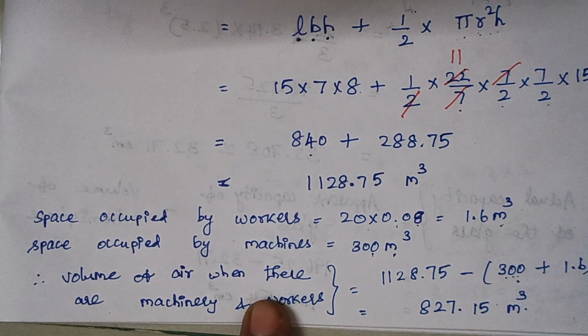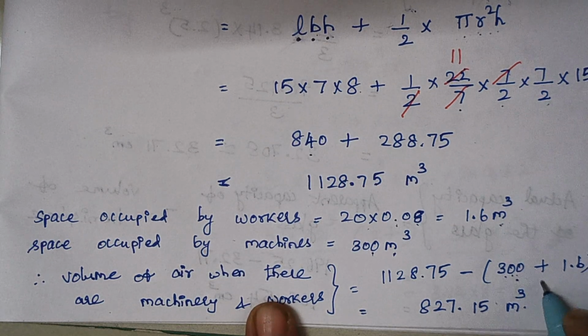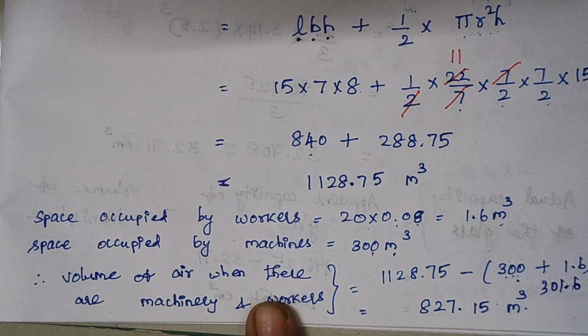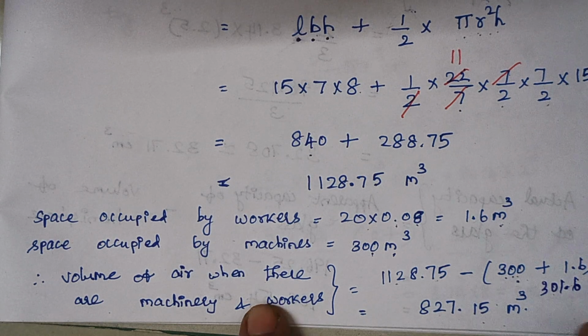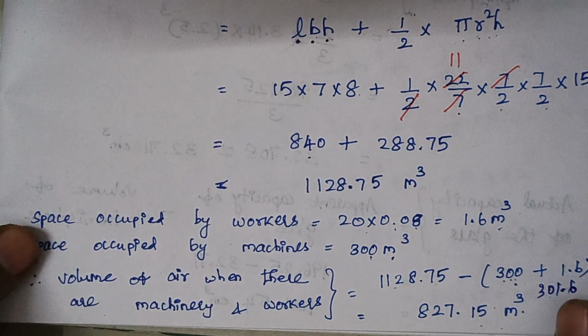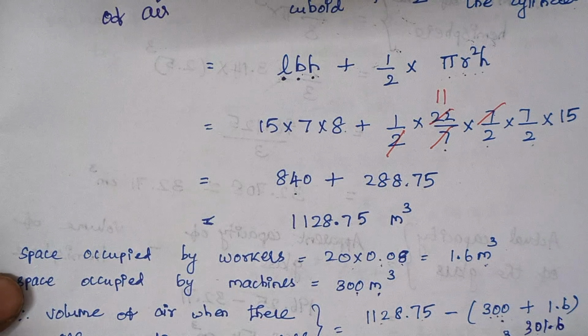So here you have to add, right? 300 plus 1.6 gives 301.6, right? Then when you subtract this from this value, finally here we will have 827.15 meter cube, right?